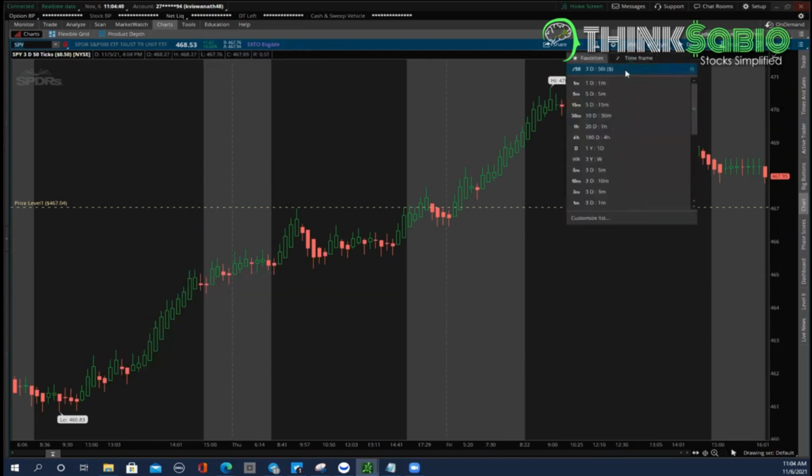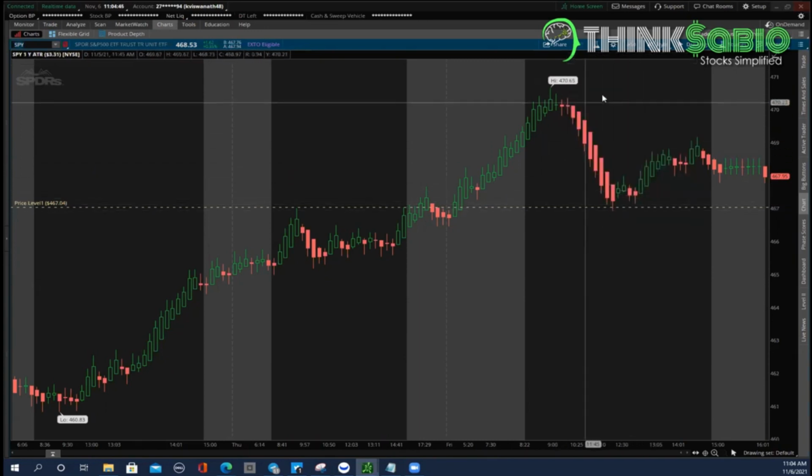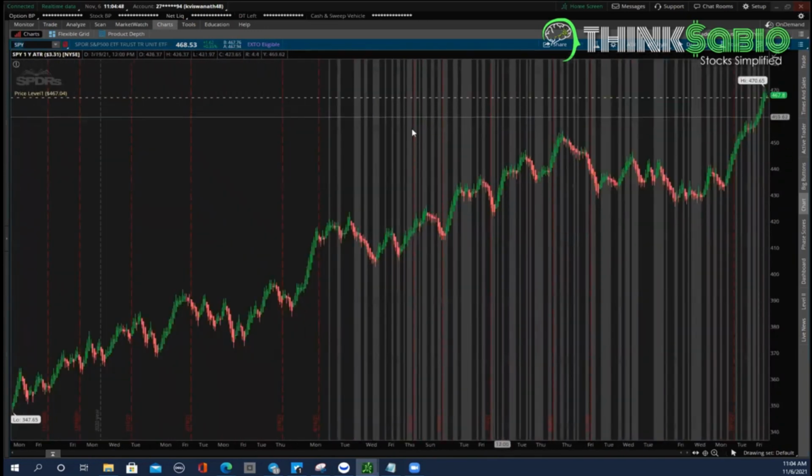You can use this in a bigger range as well, like, let's say, 1 year ATR. So this is for yearly, right? And then you can actually see where the price is moving aggressively. You can see the consolidation here. You can see SPY has consolidated here.